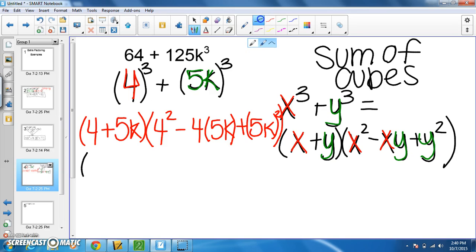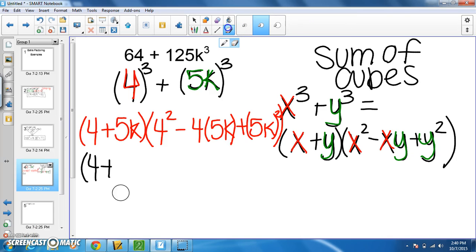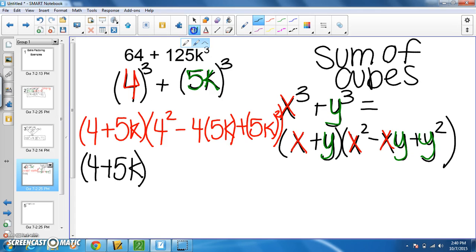You can't do anything in here with the 4 plus 5k. But instead of writing 4 squared, we're going to write 16. Instead of writing minus 4 times 5k, we're going to write minus 20k.